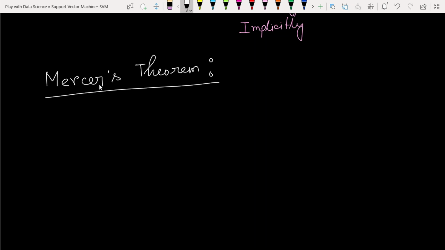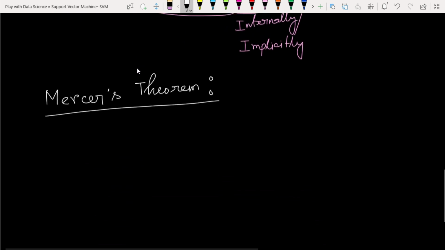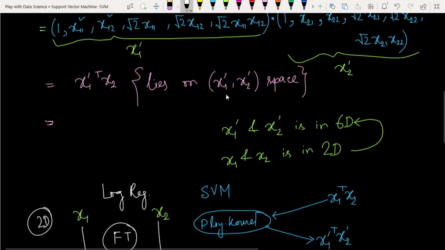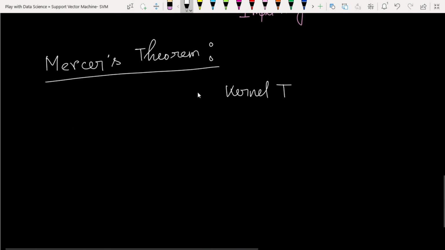In Mercer's theorem, they say the same thing about simply using the kernel trick. What I am doing till now, this theorem is actually the mathematics behind it. If we use the kernel trick, we can easily convert from one dimension to another.